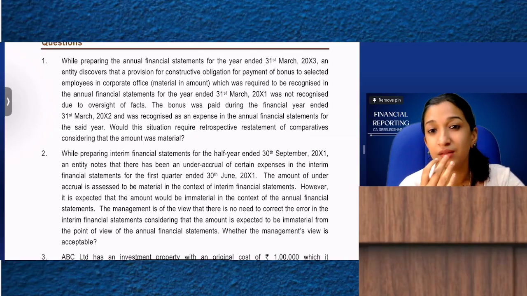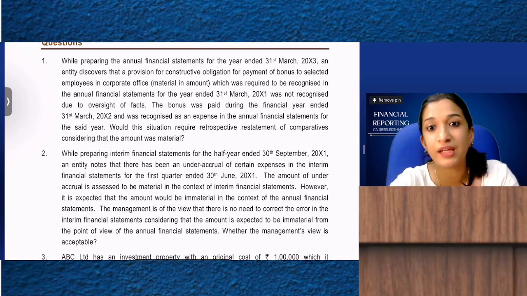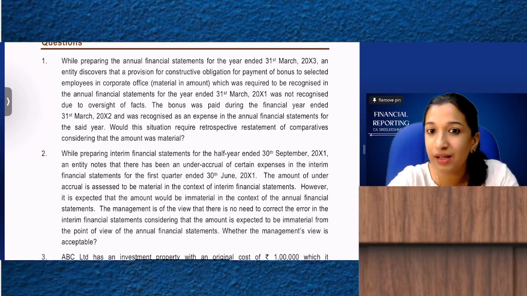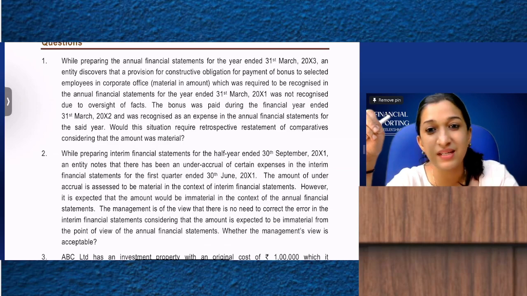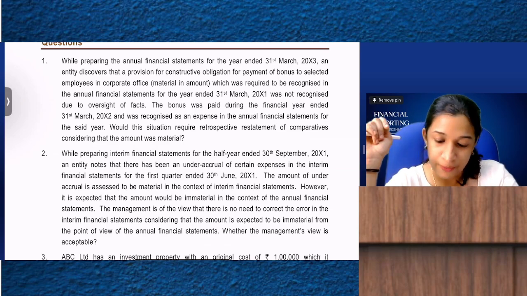So here there was a constructive obligation to recognize bonus, to create provision for bonus, but it is not done. A provision was required to be created on 31st March 2011. So there is a misstatement. There is an error.